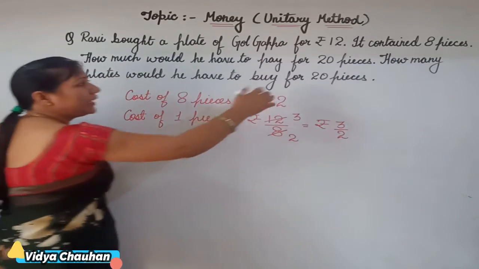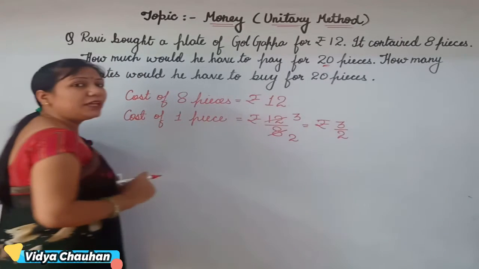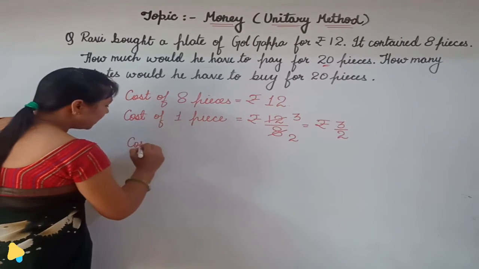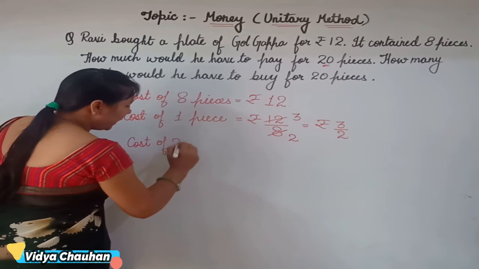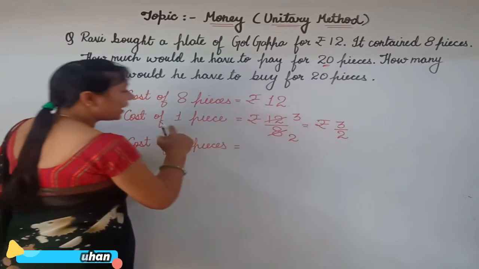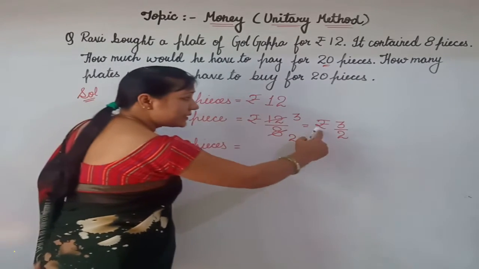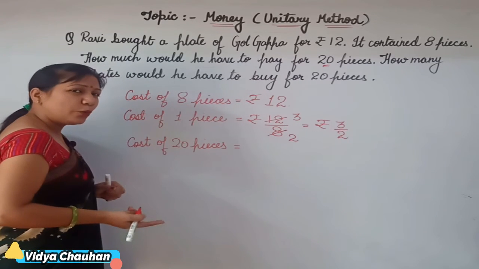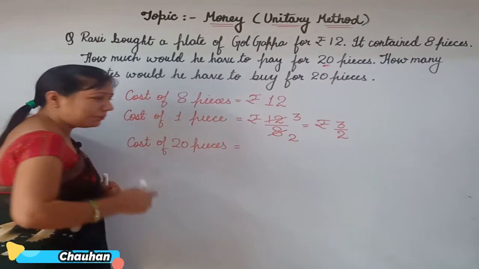After that, how many Golgappas does he want to eat? He wants to eat 20 Golgappas. So now we will find the cost of 20 pieces. Since we have calculated the cost of 1 piece, which is 3 upon 2, what will be the cost of 20 pieces? What will you do? Yes, multiplication.